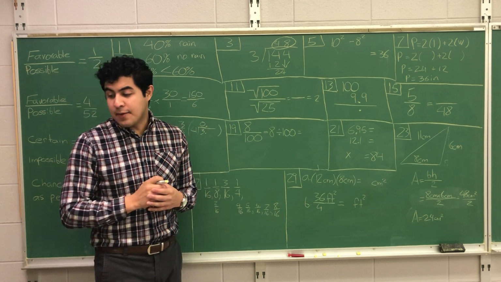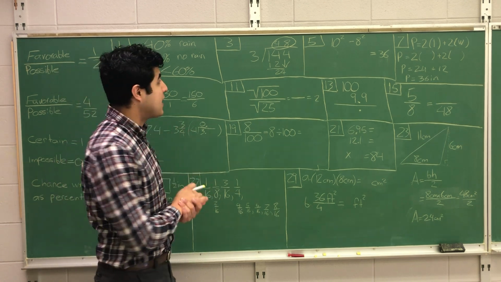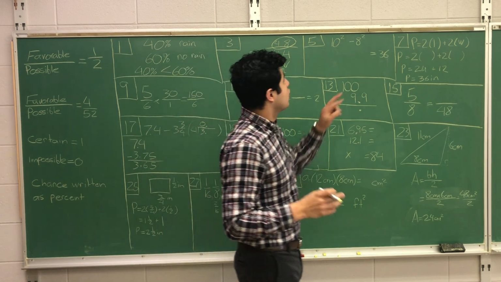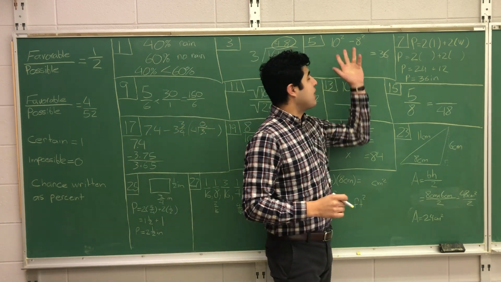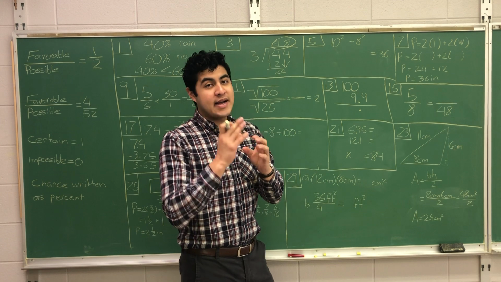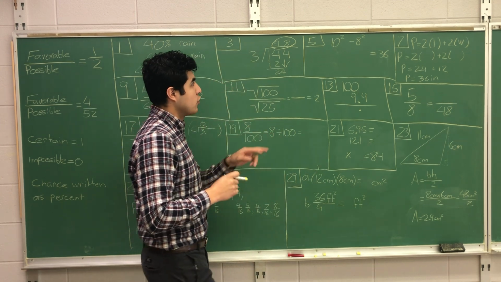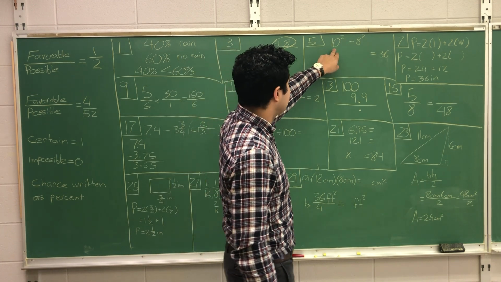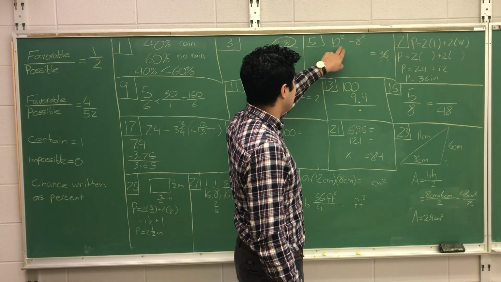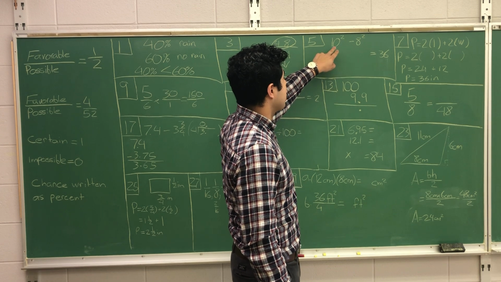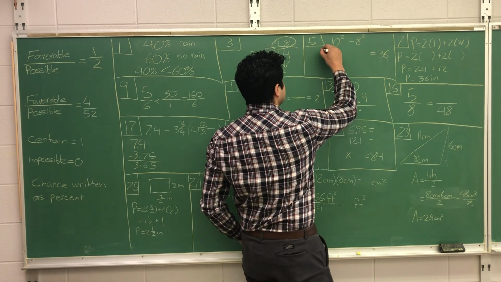Next, number 5, we've got 10 squared minus 8 squared. Remember, when we have the exponent of 2 or the power of 2, the number goes higher. When we get square roots, that's when we go lower. So what is 10 squared? Remember, it's not 10 times 2, it is 10 times 10.